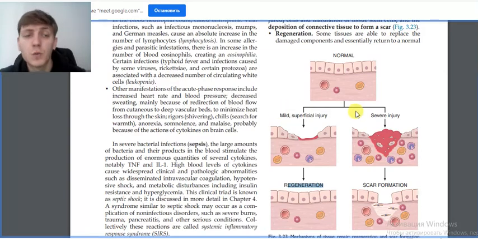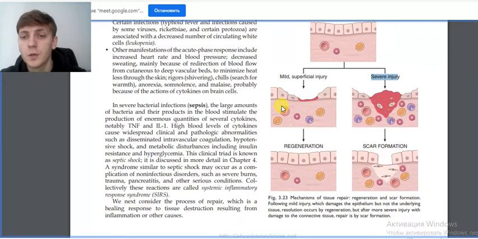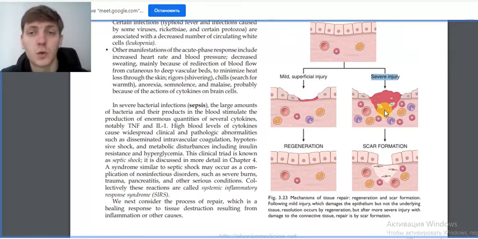But what if we have an injury which is much more severe than a mild superficial injury? When injury reaches the cells of the stable cell population, or the static cell population, which cannot undergo mitosis or undergo mitosis very slowly, for our body it's easier to create a scar.